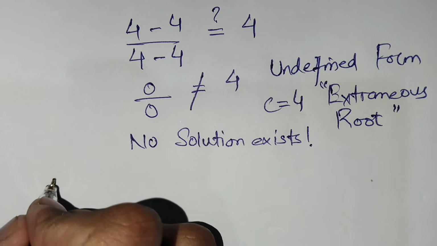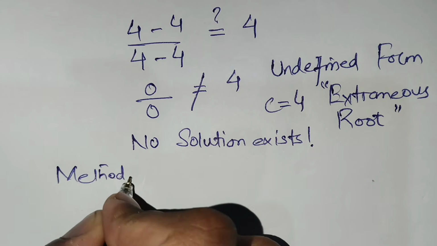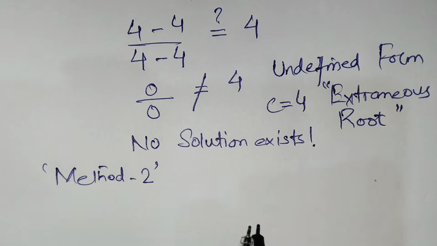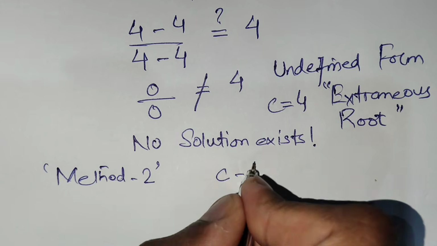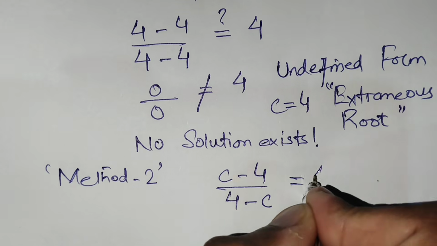So we will move to method 2. We are given (c − 4) divided by (4 − c) equals 4.